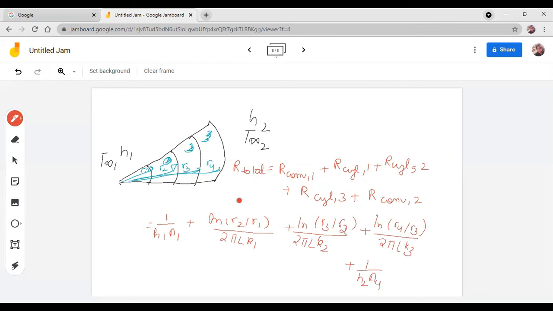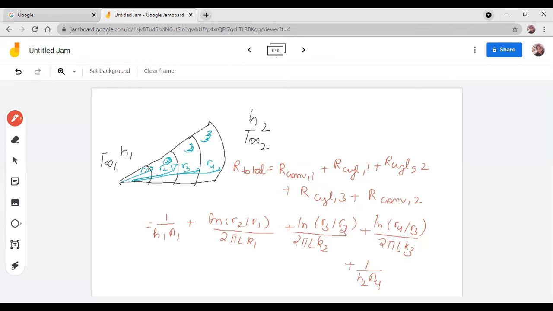So we can say that these thermal resistances are in series, and we get the total thermal resistance by simply adding the arithmetic sum of the individual thermal resistances that come in the path of heat flow. Since we can find Q, that is heat conduction, through this by simply putting down these values.